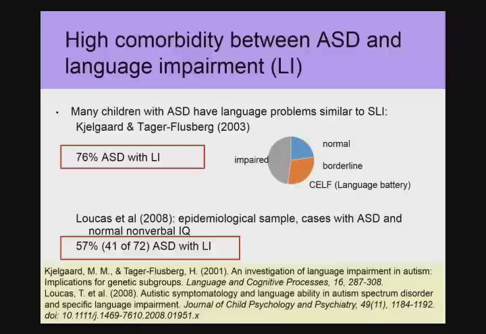So this is more than half of children with autism who would also meet conventional criteria for language impairment. And what you're told to do by the rules of some of the classification schemes is that you would therefore diagnose them as autistic, because you would say you can't have both these diagnoses. But in a sense, if you do that, you're clearly missing something.